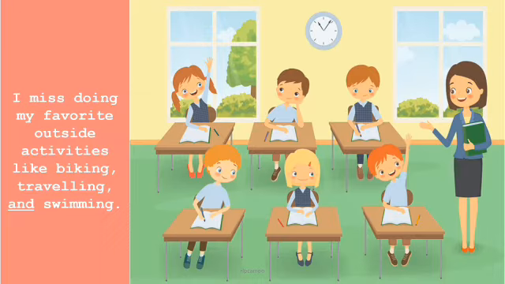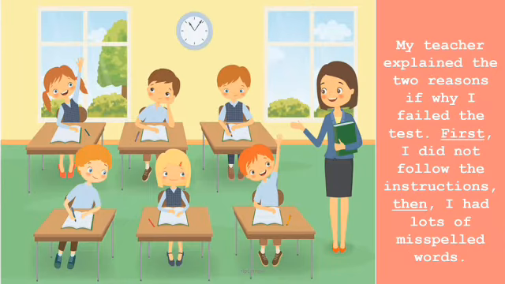I miss doing my favorite outside activities like biking, traveling, and swimming. In this example, the general term is outside activities, and the words biking and traveling make it specific with an additional activity which is swimming. My teacher explained the two reasons why I failed the test.